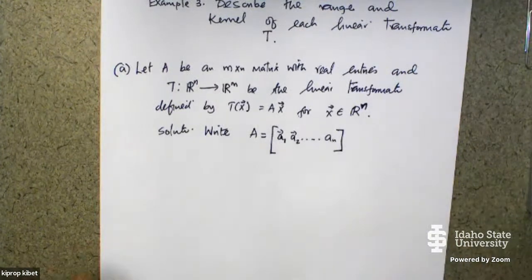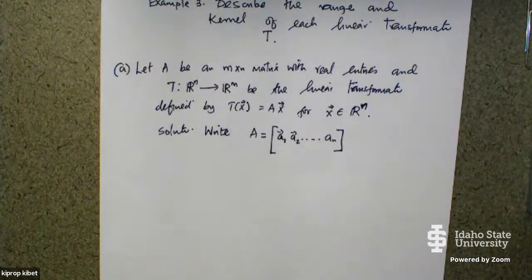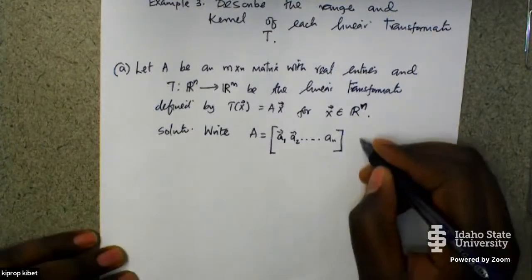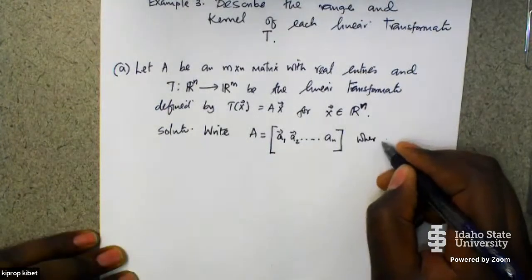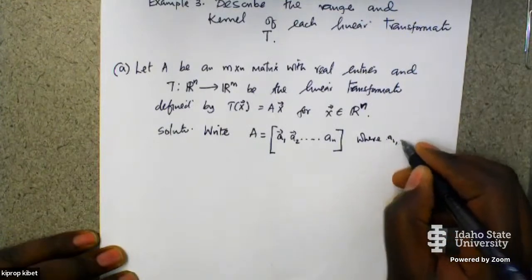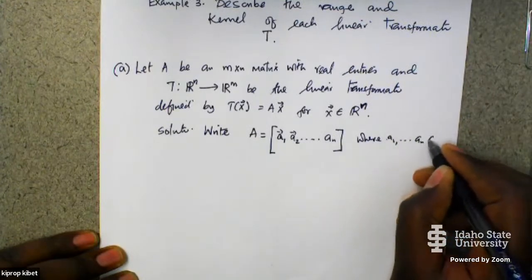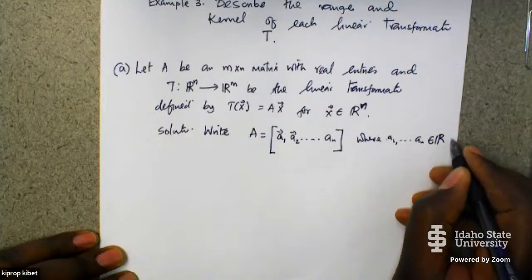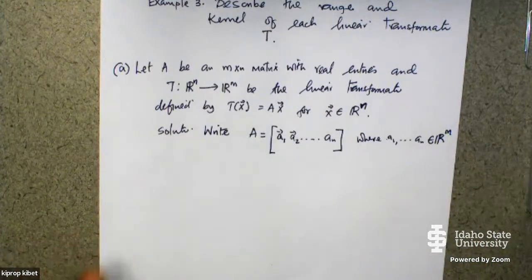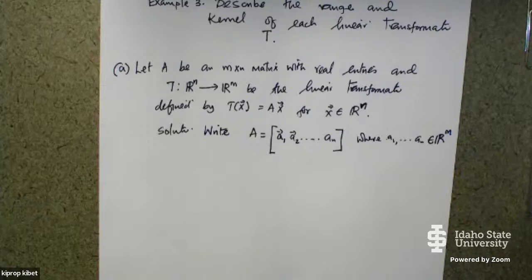So you bring together the vectors, and it forms the matrix A, where A1 all the way to An are in Rm.